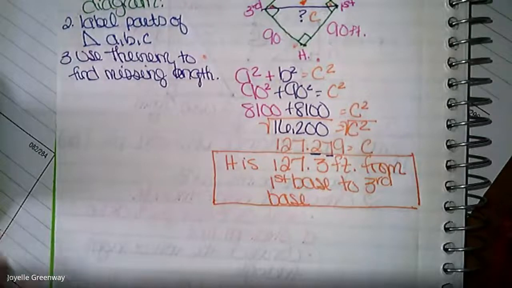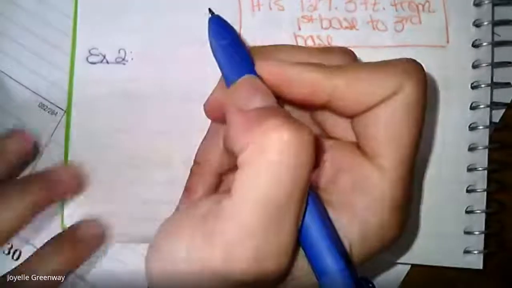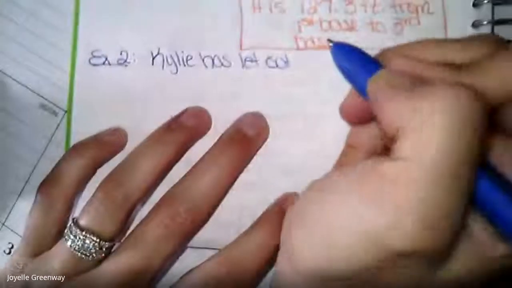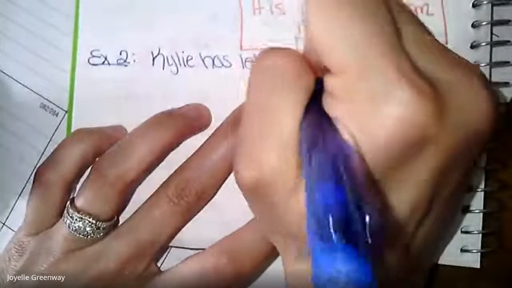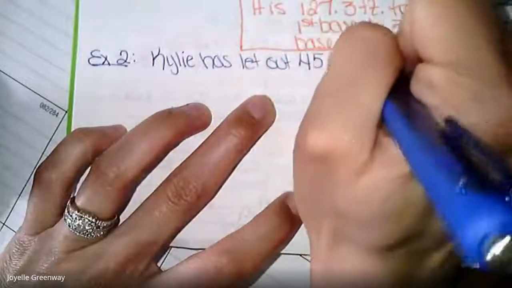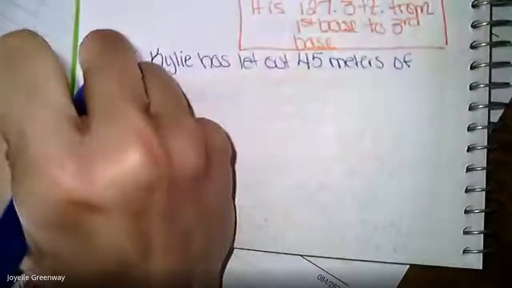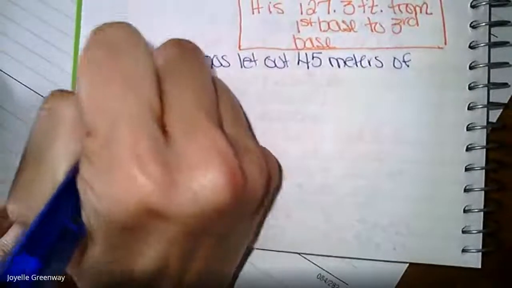All right, let's look at example 2. All right, Kylie has let out 45 meters of string. I'll say of string, I don't like how they say kite string.